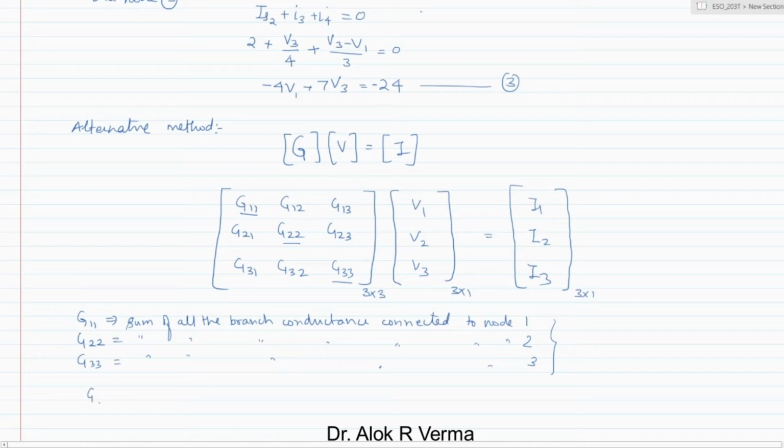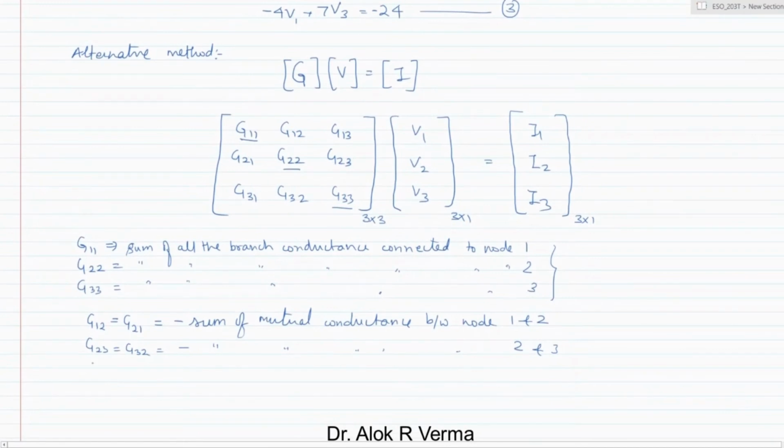Now, what is G12? G12 and G21 are nothing but the negative of the mutual conductance, which is between node 1 and 2. Similarly, G23 and G32 are the negative of the mutual conductance between node 2 and 3.